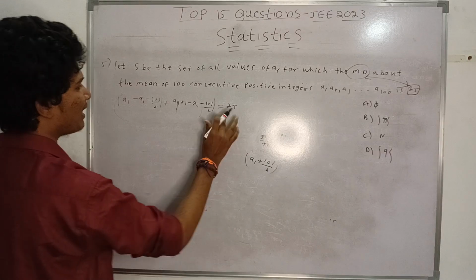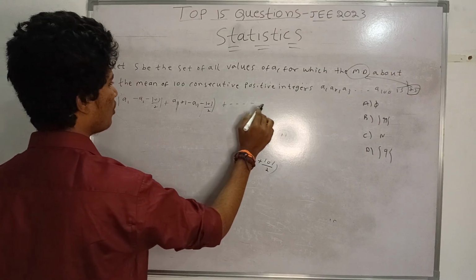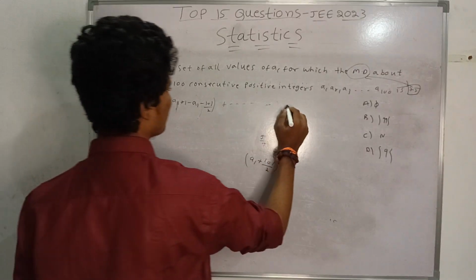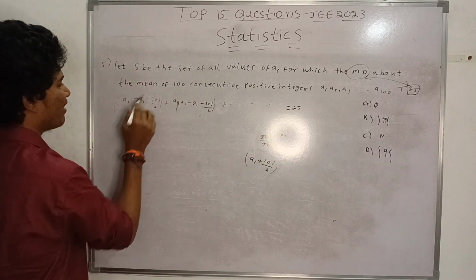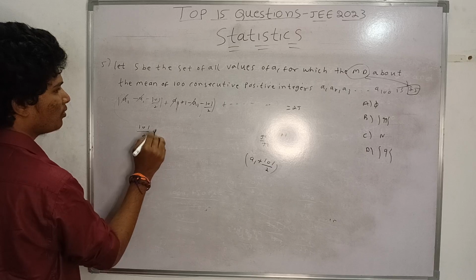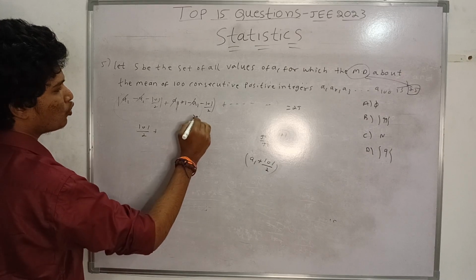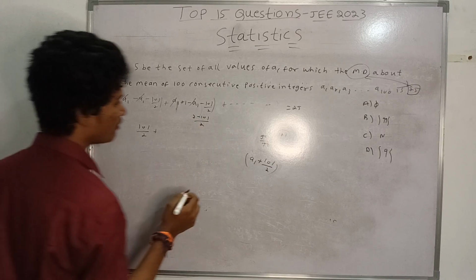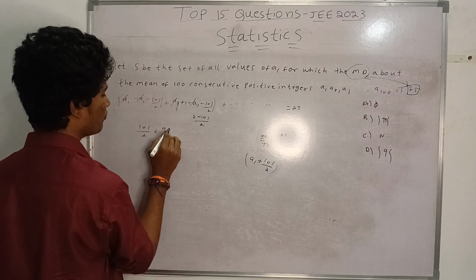So it will be like this, and it goes on, and it is equal to 25. So here A1 will get cancelled, and it is mod, so it will be 101 by 2, plus here it is 2 minus 101 by 2. What it will become? It will become 99 by 2.